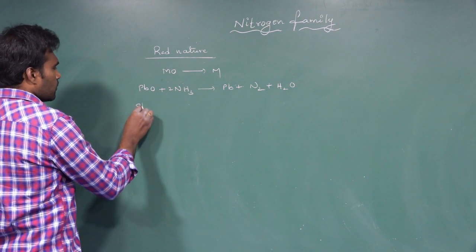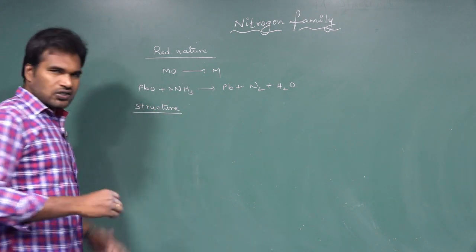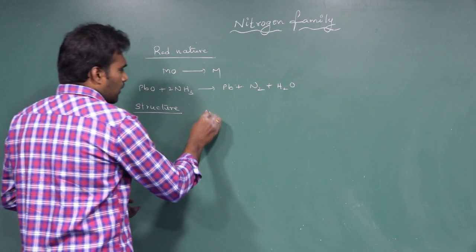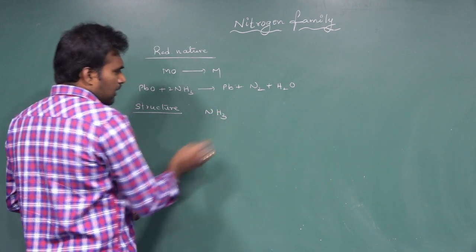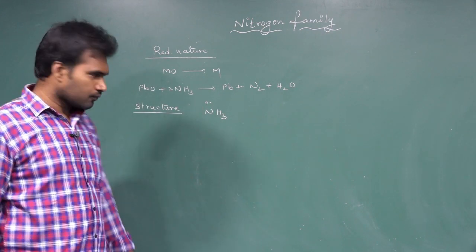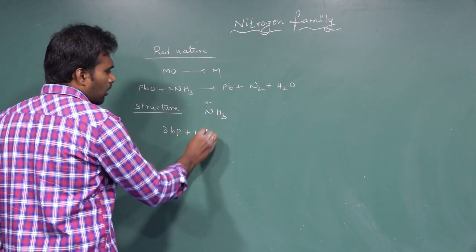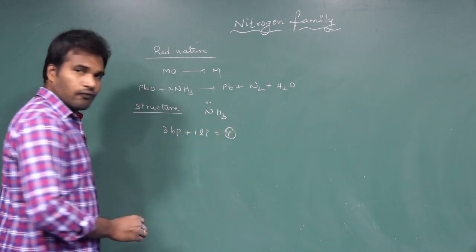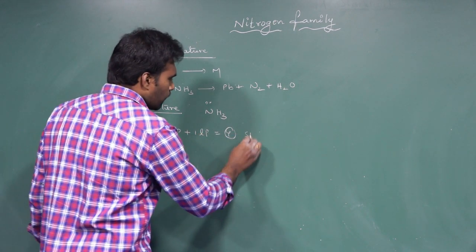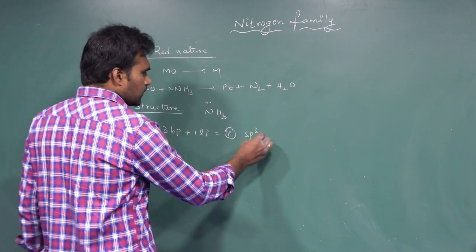Next, move on to the structure of ammonia. In ammonia, there are 3 hydrogens and 1 lone pair on the central nitrogen atom. It means a total of 3 bond pairs and 1 lone pair. Total number of pairs is 4, so it is sp3 hybridized.